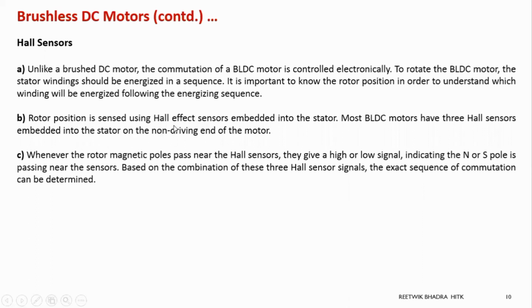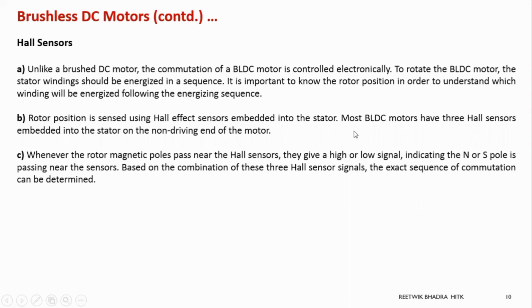So what happens? The rotor position is sensed by the Hall sensors, and since it's a three-phase motor, you need three Hall sensors, sensing all the three data. Then accordingly, it will give the required data. So suppose like this, if you think like this, the rotor is rotating over here. So the poles will rotate. As soon as the poles pass across the Hall sensor, it will give a high signal or a low signal for either a north pole or a south pole.